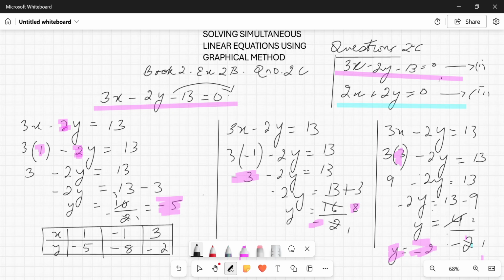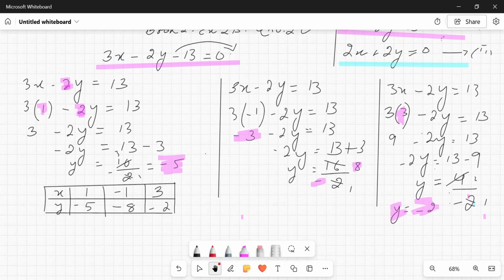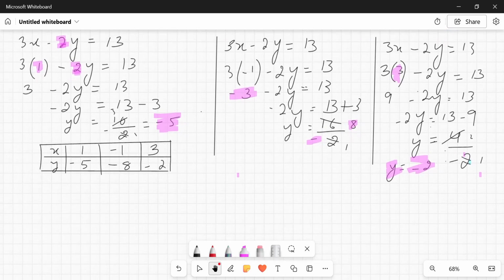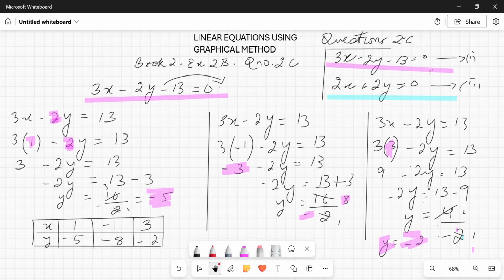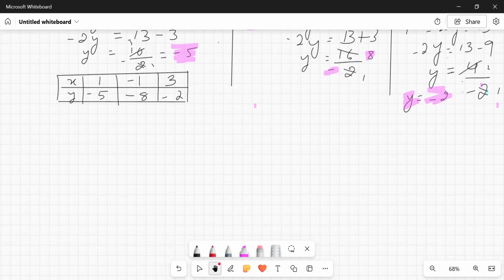Now let's solve the second equation. What is the second equation, students? The second equation of this exercise 2b, question number 2c, is 3x plus 2y.